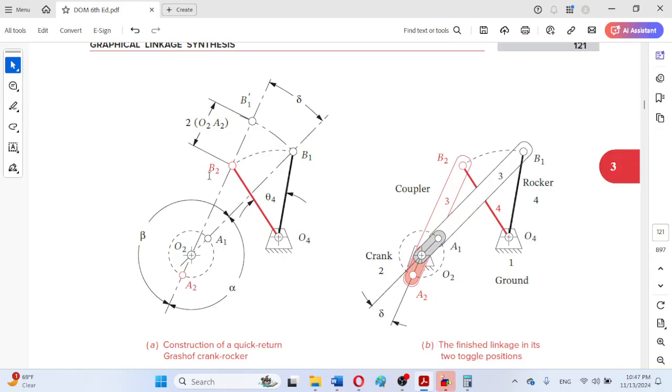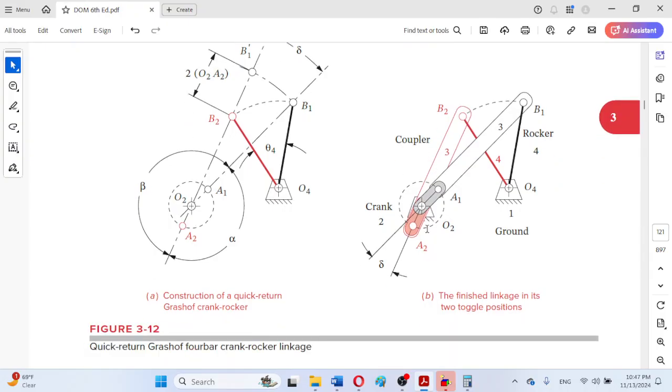from A2 to B2 is actually the total length of the connecting rod, and as we can observe here in which the author has drawn the physical links drawing, that from A2 to B2 is actually the length of the connecting rod, and this connecting rod is actually overlapping or hiding the crank.